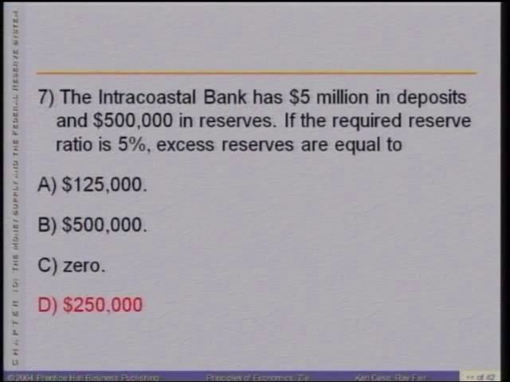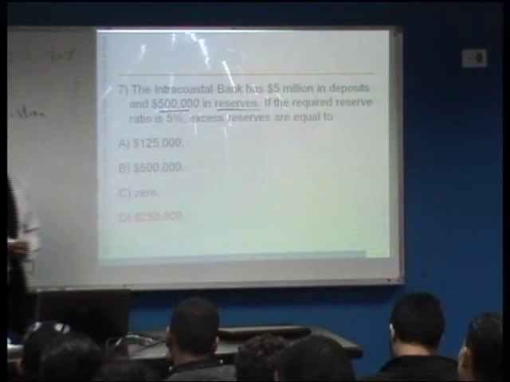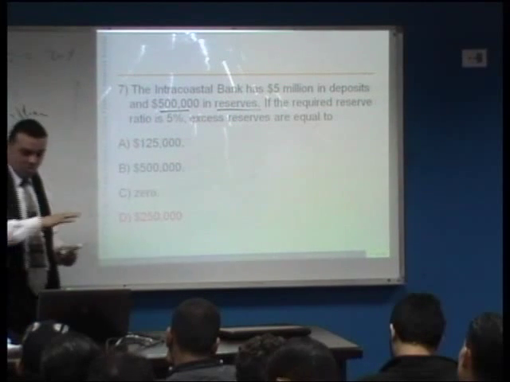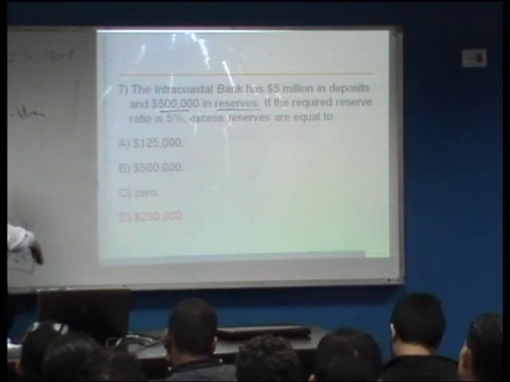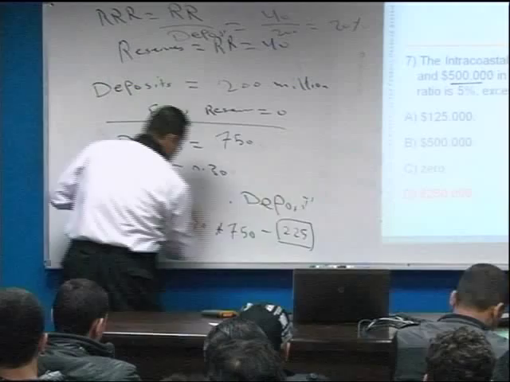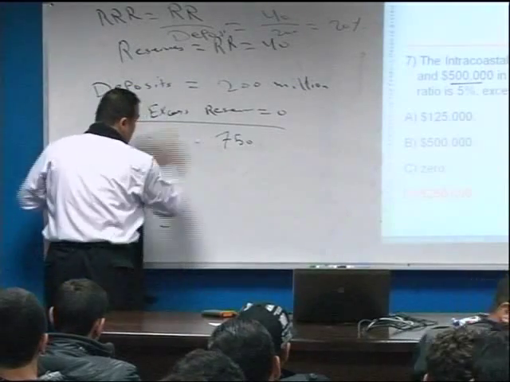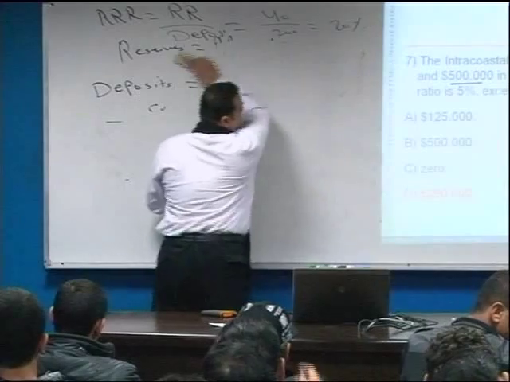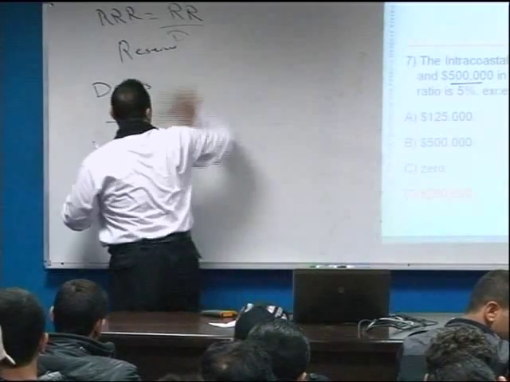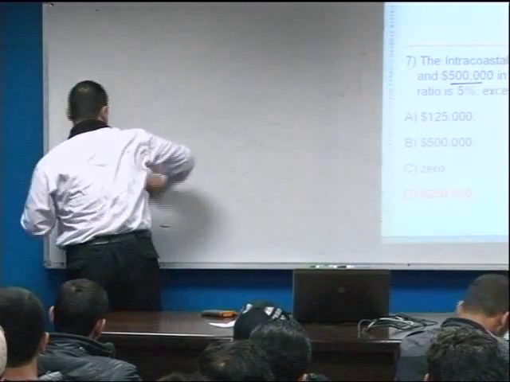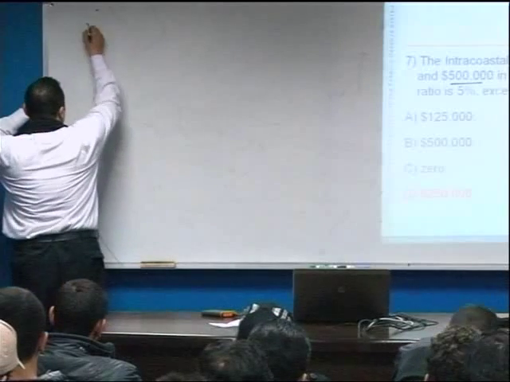Intracoastal Bank has 5 million in deposits and 500,000 in reserves. Let's break down the data and see what we have. Deposits equal how much? 5 million. Exactly.